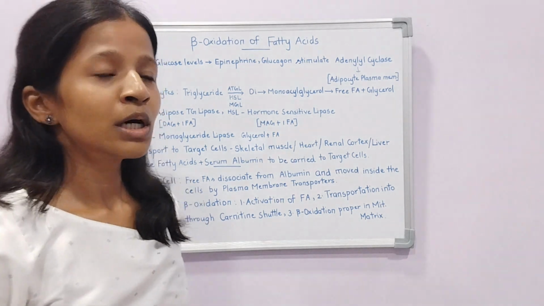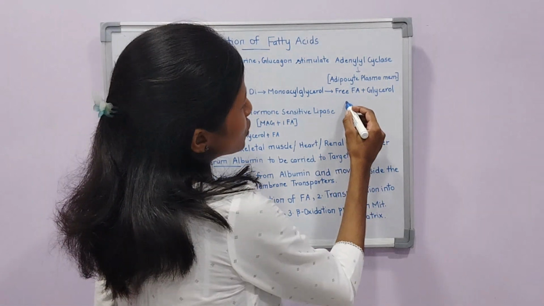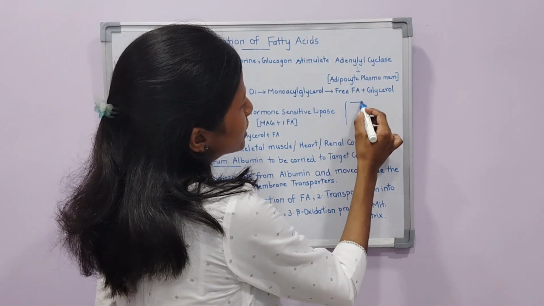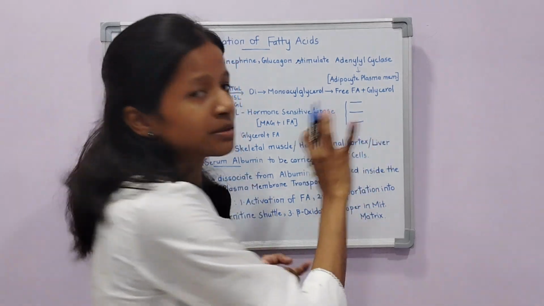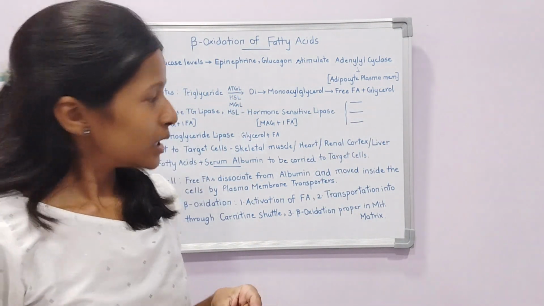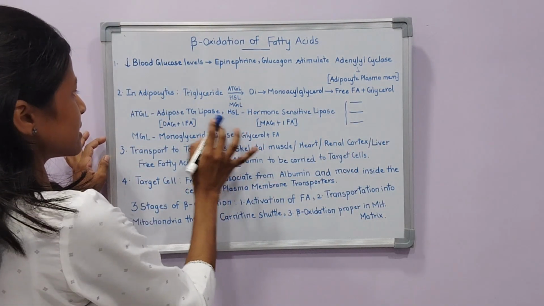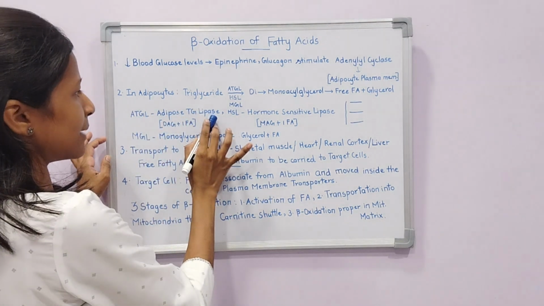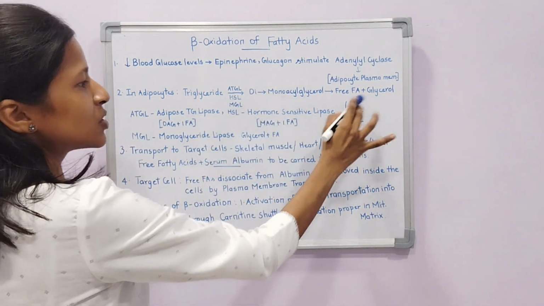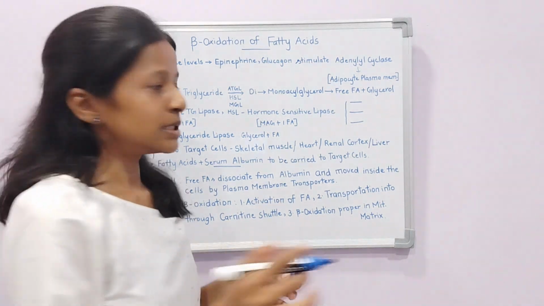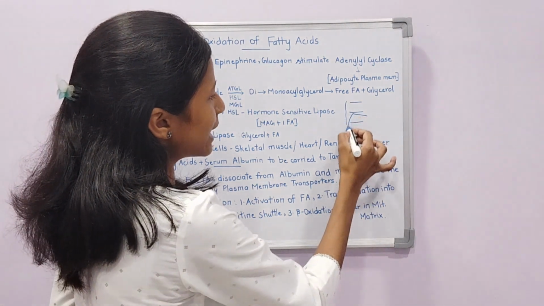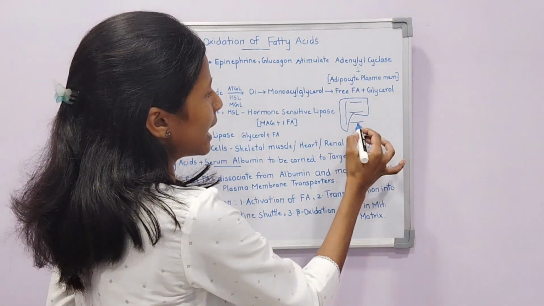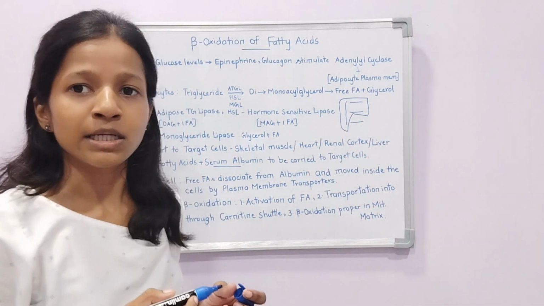And as we know, a triglyceride molecule is composed of a glycerol backbone with 3 fatty acids attached to it. Now, the 3 types of lipases are ATGL, adipose triglyceride lipase, which first acts on the triglyceride and breaks it down into a diacyl glycerol and liberates one free fatty acid.